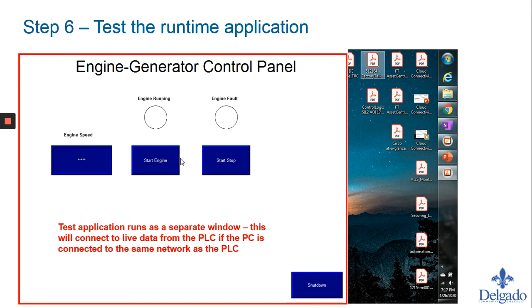Just a little note at this point. If this was really in the lab, we want to do really two more things to finish this off. First step is we'd have to create what's called the MER file. That stands for Machine Edition Runtime file. That is the compiled file that would be loaded onto the PanelView itself, and that would actually be the guy that runs on the PanelView.